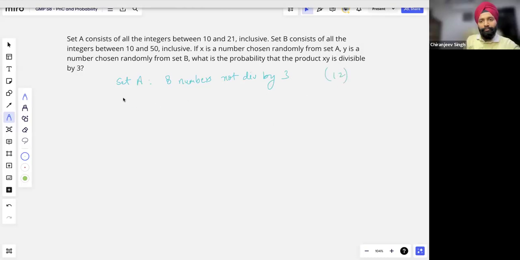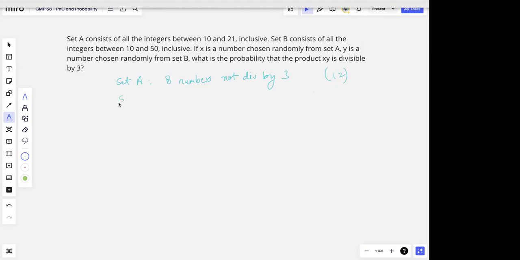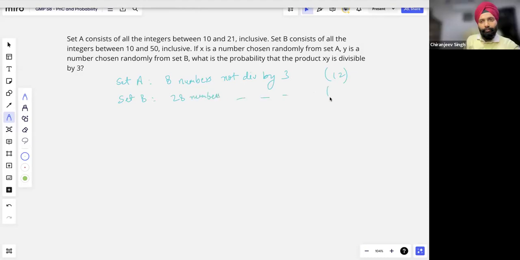And in set B, there are a total of 28 numbers that aren't divisible by 3, and the total numbers are 41.